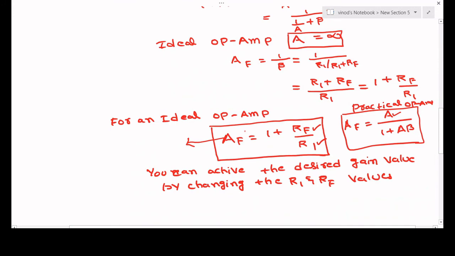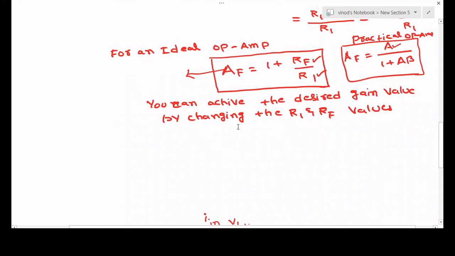Is it clear? Right? This same thing we can represent in terms of a block diagram, in this way. So this is the open loop voltage gain. To this we are applying the input V in. Here it is plus and here it is minus.